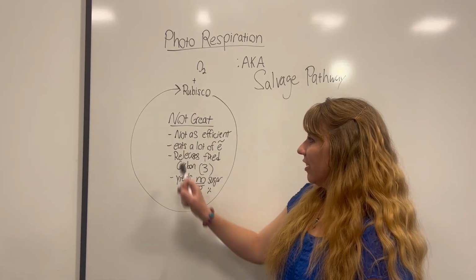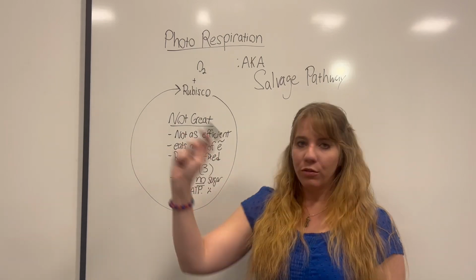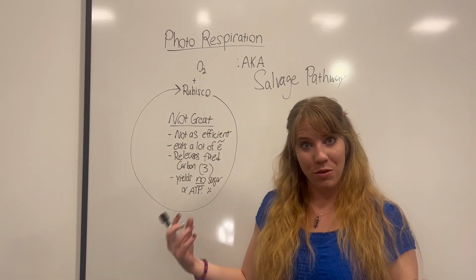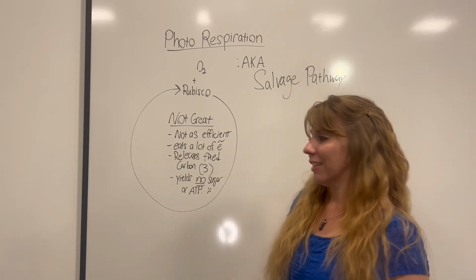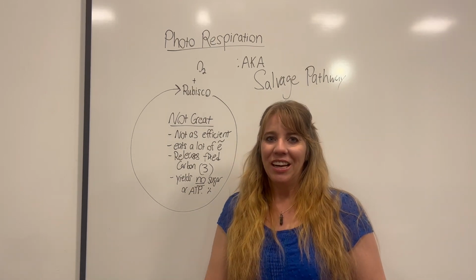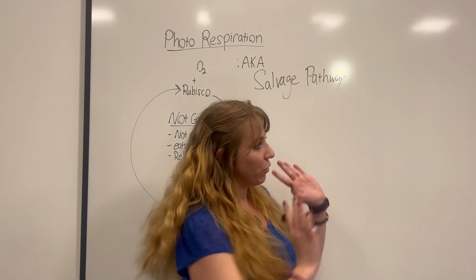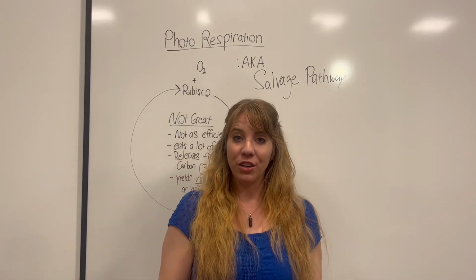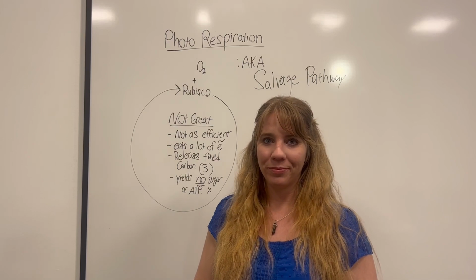It's not as efficient. It eats a lot of energy. We release fixed carbon. You remember from phase 1 where we were making those fixed carbons? Well, now we're gonna lose them. We're losing 3. And it yields no sugar or ATP. This is on accident. We're not trying for this. That's why, moving on, there are different ways to get around that, so this doesn't happen.